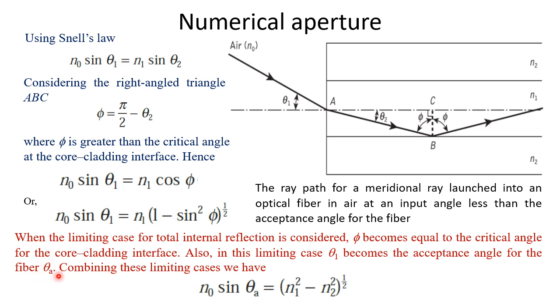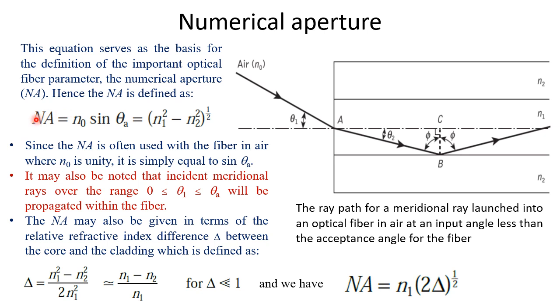So if we combine them, we can write n0 sine theta a equal to n1 square minus n2 square whole to the power 1 by 2. That means square root of n1 square minus n2 square. So this is a very important relationship for optical fiber. And this n0 sine theta a is called the numerical aperture.